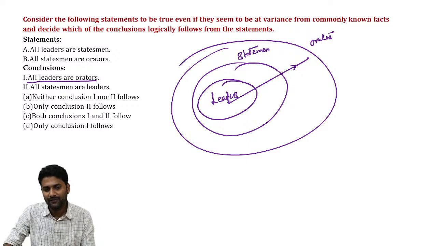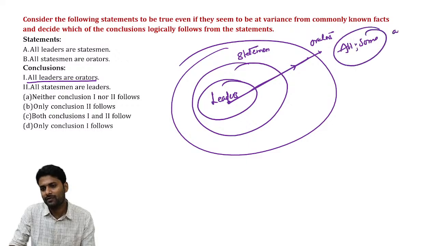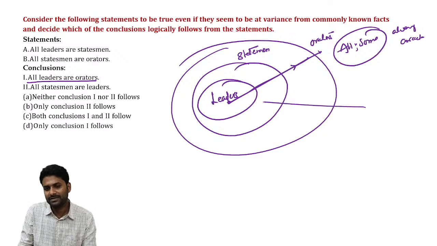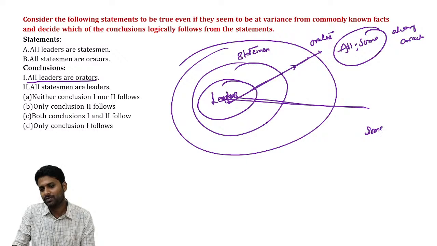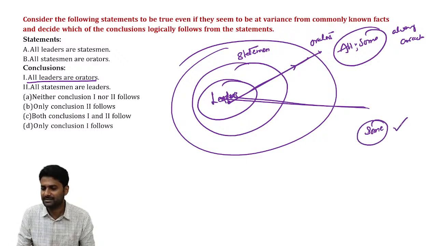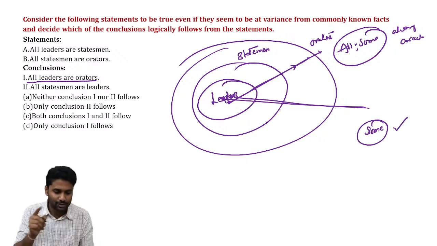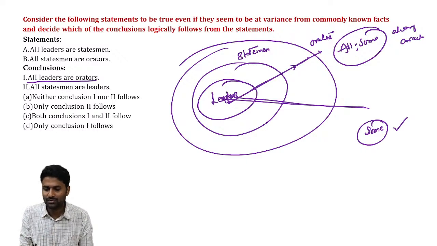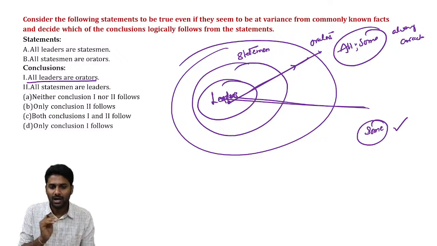Remember guys, if any comparison goes from inside to the outside, both all and some conclusions are always correct. If any comparison goes towards the inside, only some conclusions follow.